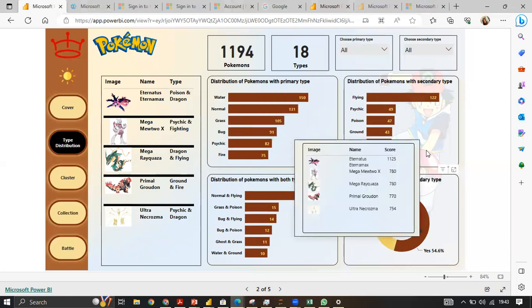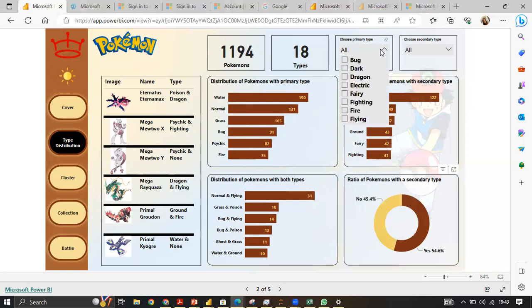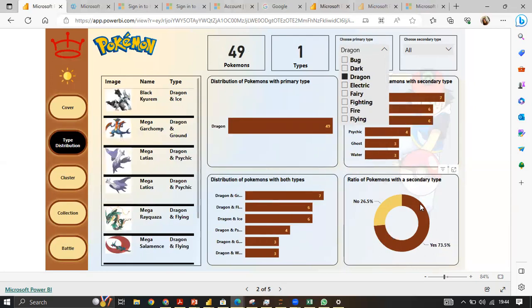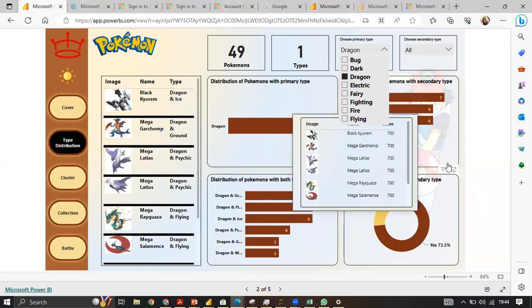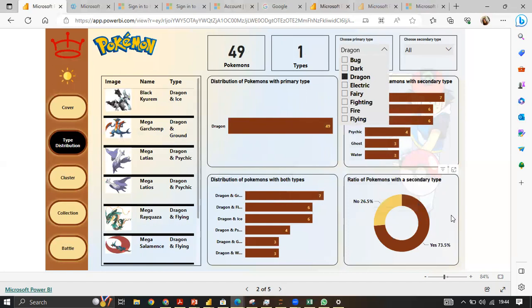So what I did was check for each primary type the ones that are more represented, and I found out that Dragon has a higher percentage of Pokemons with a secondary type, with Mega Rayquaza leading. The Dragon type has 73.5% of Pokemons with a secondary type, while 26.5% are without a secondary type.